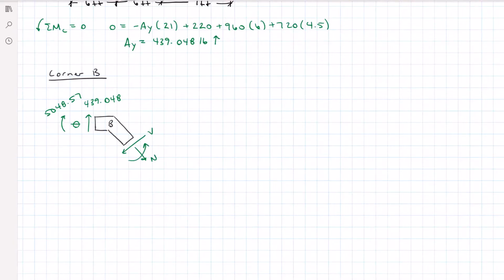There are no distances at a corner, so my moment is just going to be equal and opposite at 5,048.57.